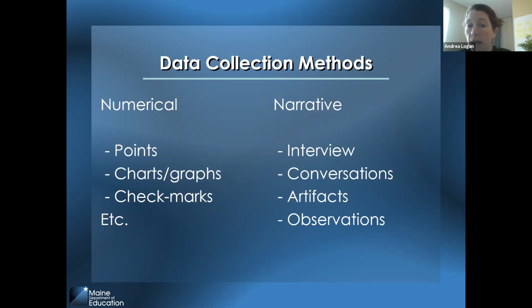Narrative data is language-based, so that's anytime you interview somebody or you have a conversation with somebody. Narrative data could be artifacts that you collect from student work, or pictures, or written pieces that a student has created.